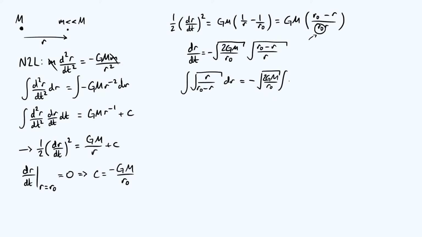Times just the integral of dt. So I've separated the variables, put all of the r's on one side with the dr, the dt on the other side, and integrated the whole thing.